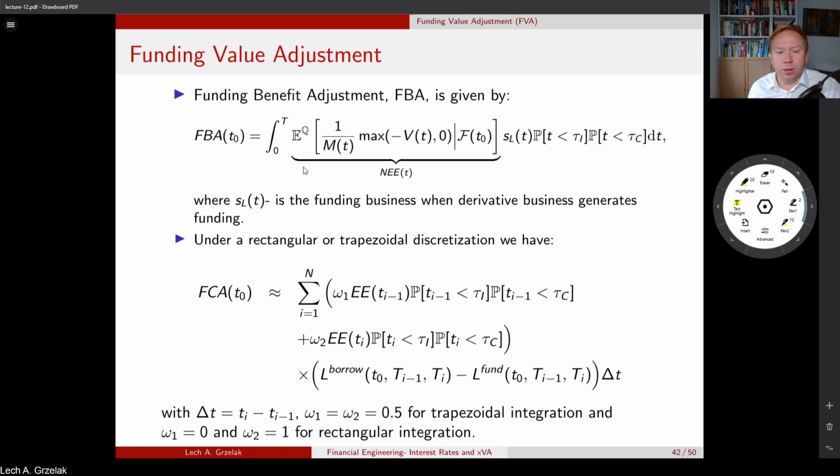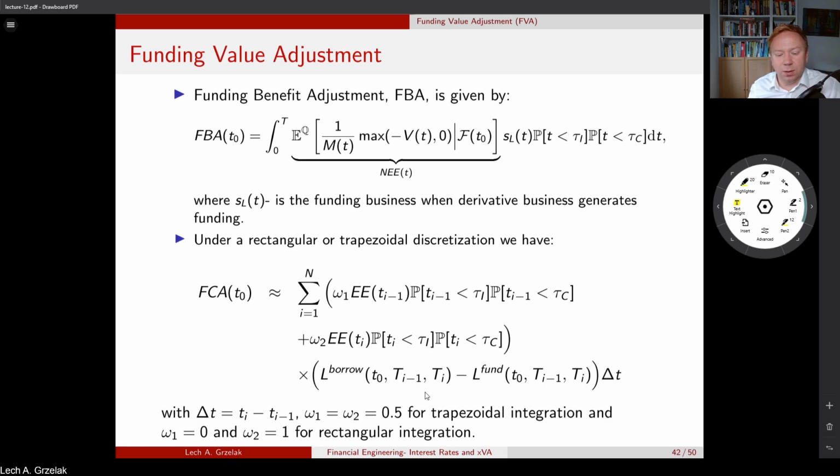Again, for this integral, if we simply do time discretization, in the time direction, you see we are conditioning on the initial time t0. So this expectation is just a time-dependent function. There's no stochasticity, so we can interpolate. Here I made it a little more generic, with omega 1 and omega 2 that we can play with according to the weights.